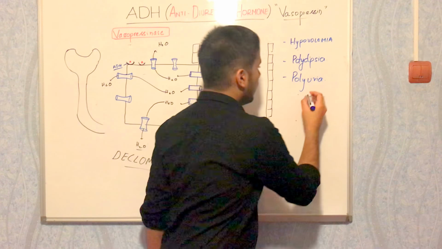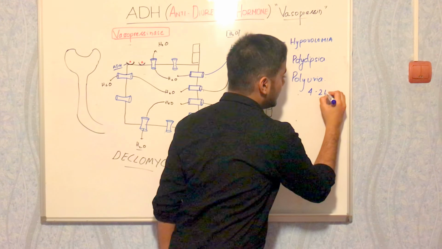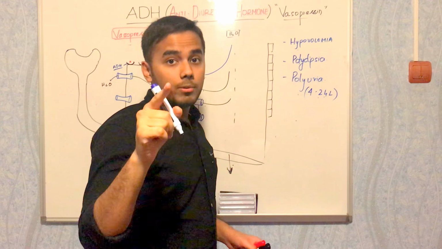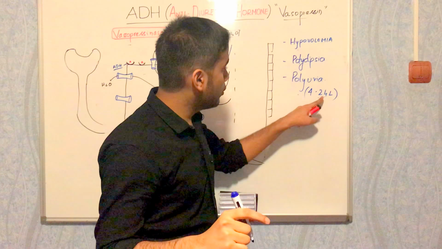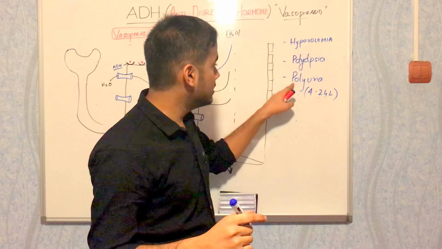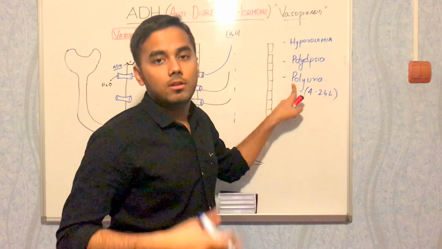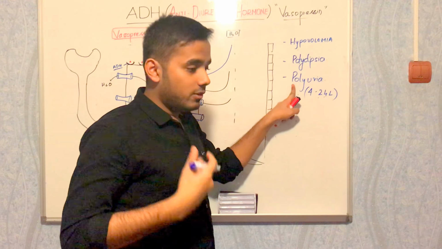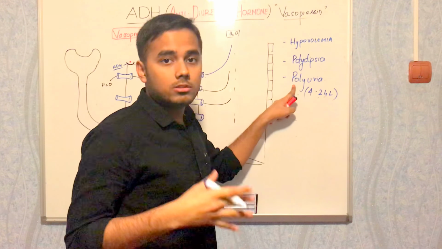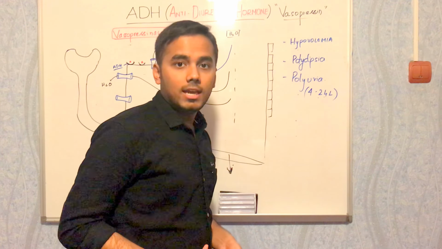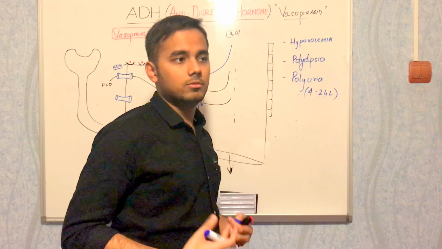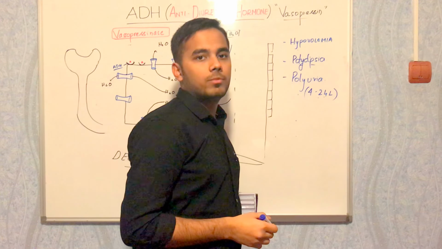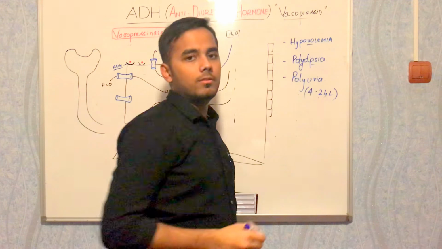In a day around 4 to 24 liters of water is excreted if there is no proper secretion of ADH, and this condition is called polyuria. When water keeps being excreted in lots and lots of amount, it causes dehydration and the person feels so much thirst, and this condition is called polydipsia. So both of them result in hypovolemia, right?